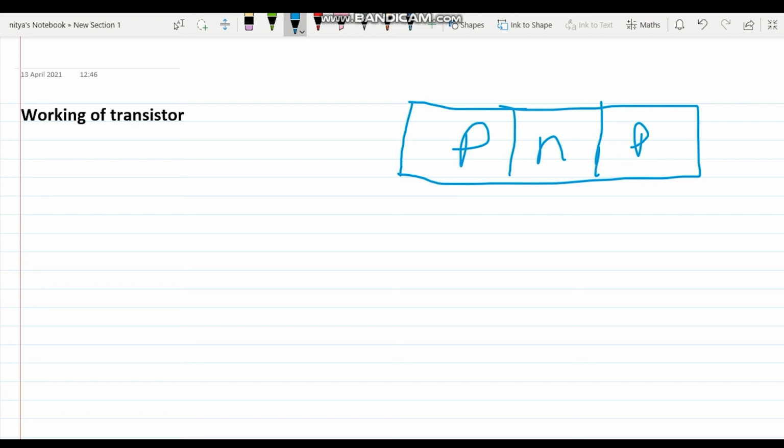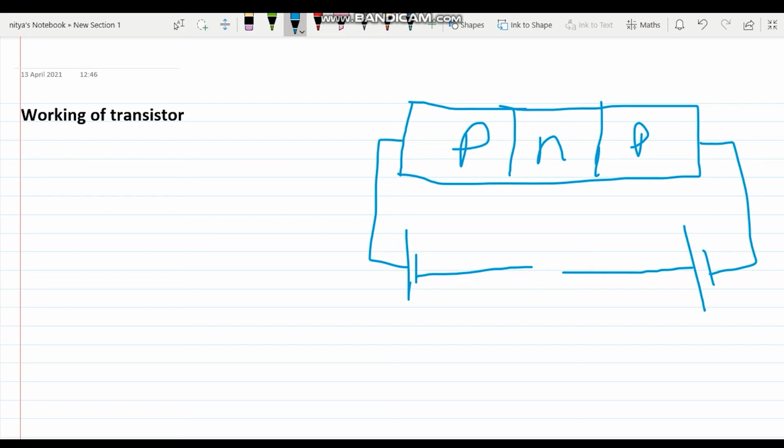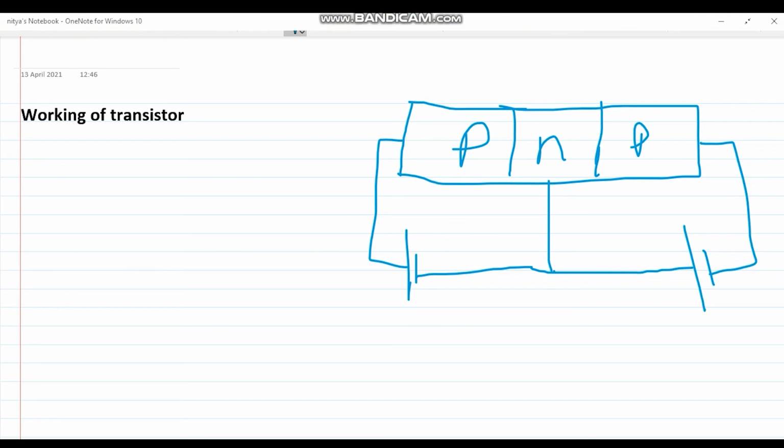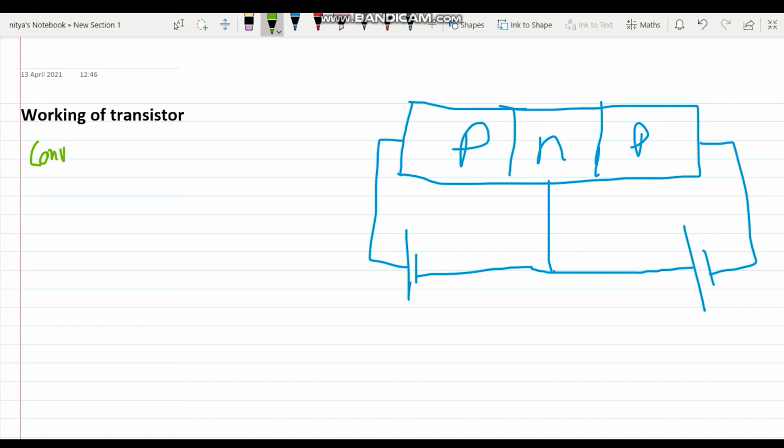For a PNP transistor, we can see that this emitter is forward biased, and this one is reverse biased, and this is the base. So again, what we have in common with PNP is conventional current.